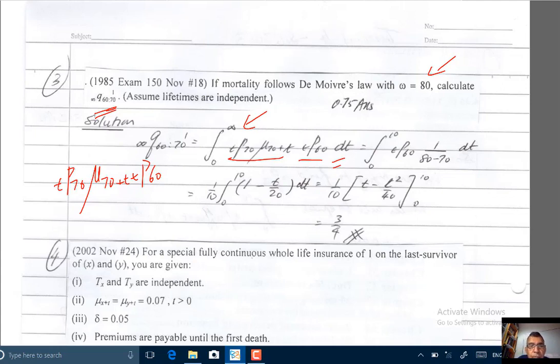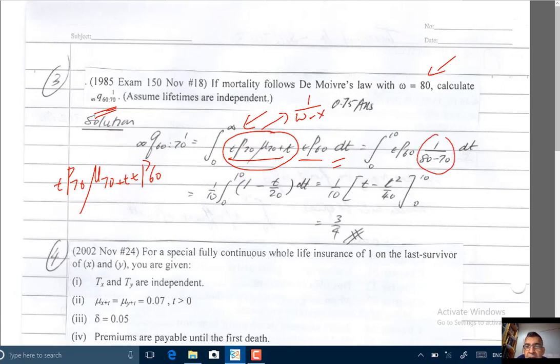Now we are looking at TP70 mu 70 plus t. This one here is from our formula those days. We had 1 over omega minus x, remember? So I have 80 minus 70, that's what you see here in the denominator. And then I have a TP60 here. Now we are dealing with de Moivre's law, so TP60 here is 1 minus t over 80 minus 60, which is 20.